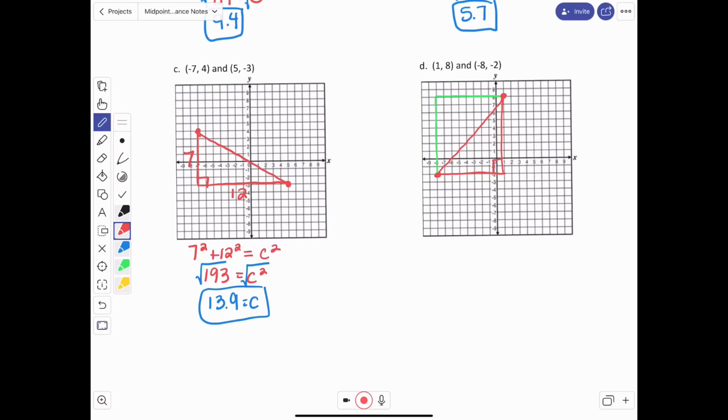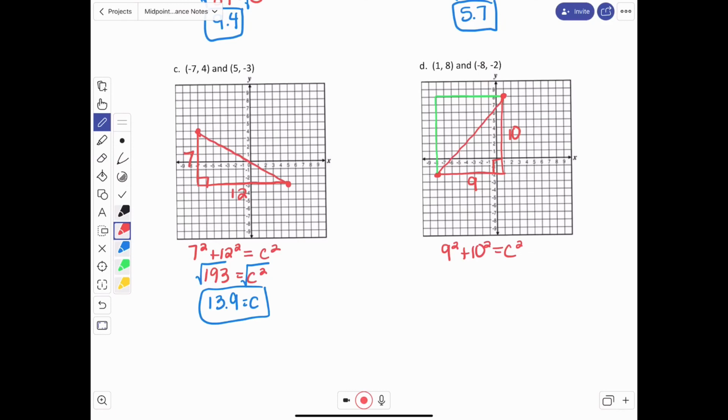Okay, so our height is going to be a height of 10. And our base here going across is going to be 9. So we'll do 9 squared plus 10 squared equals c squared.